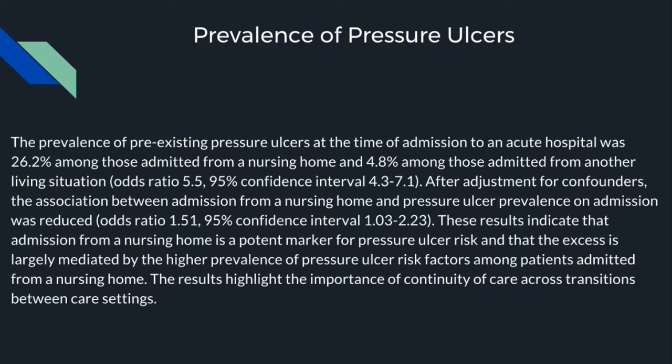After adjustment for confounders, the association between admission from a nursing home and pressure ulcer prevalence on admission was reduced. These results indicated that admission from a nursing home is a potent marker for pressure ulcer risk and that the excess is largely mediated by a higher prevalence of pressure ulcer risk factors among patients admitted from a nursing home. The results highlight the importance of continuity of care across transitions between care settings.